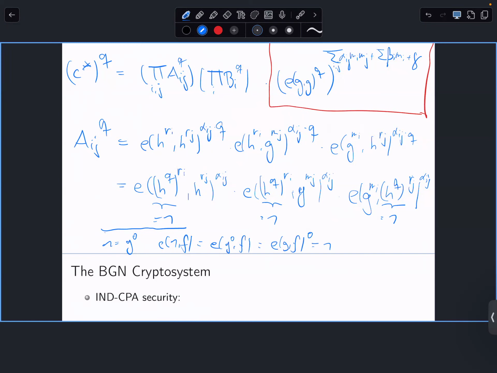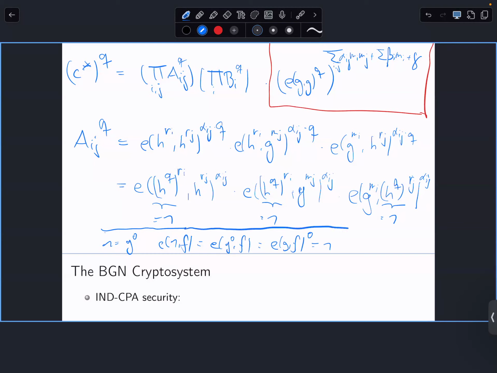Multiplicatively, 1 is the neutral or identity element, and if you pair up something with 1, the only consistent way to define the output is for it to also be the identity element, right? Good.